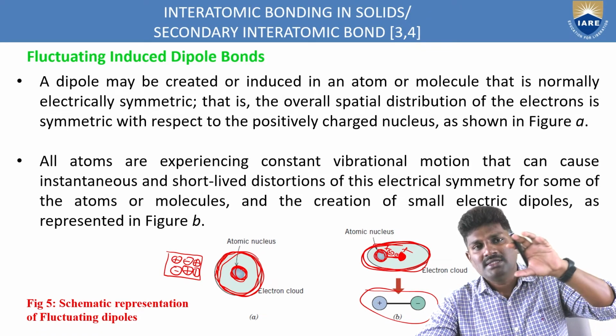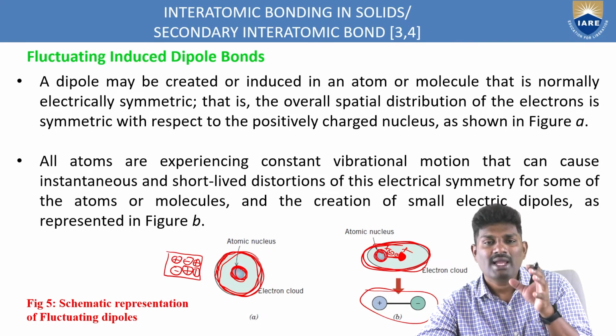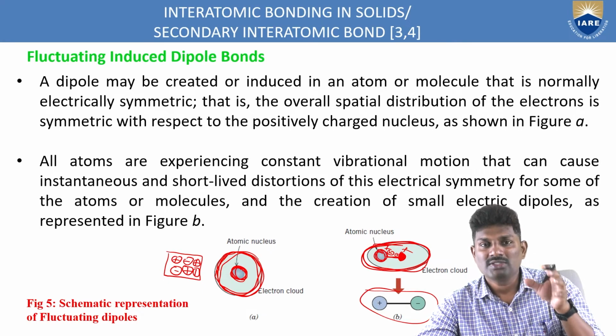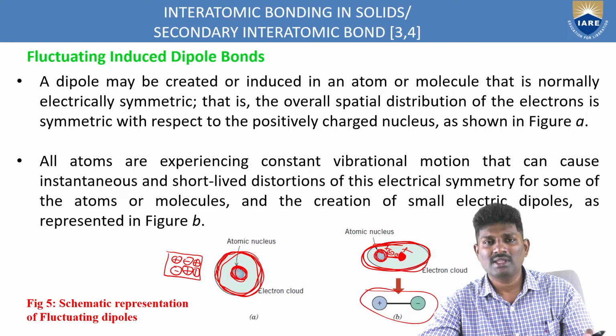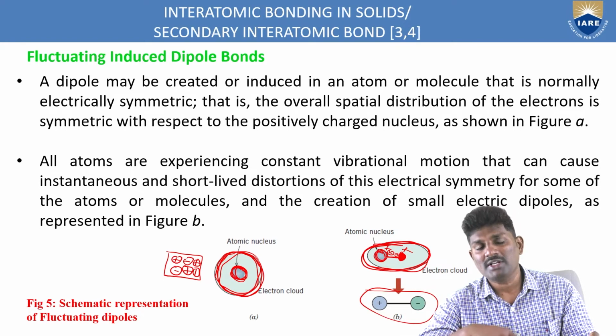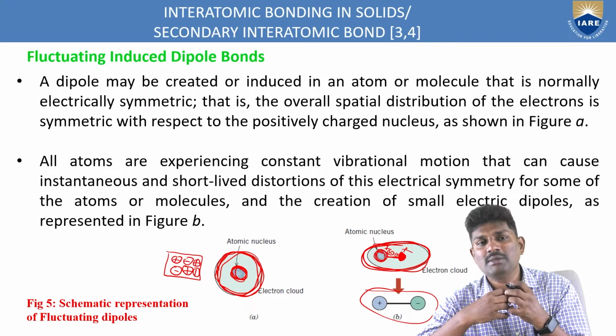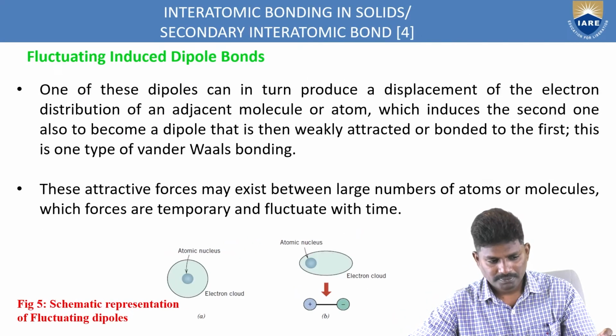Because there is a change in the orientation of the unsymmetrical nature, there is less bonding energy in this secondary type of bonding. This is another type of secondary bonding, the fluctuating induced dipole. Though it fluctuates because of continuous vibration, we try to induce dipoles to get a strong energy between the atoms.